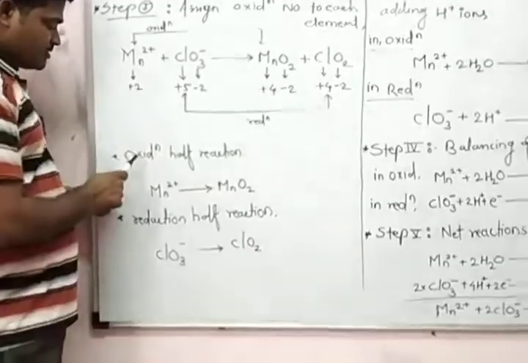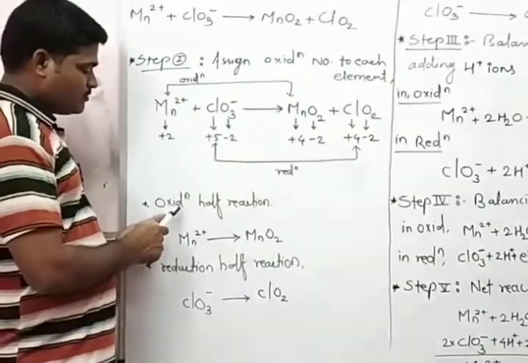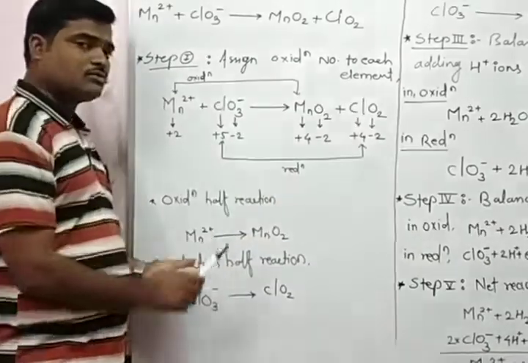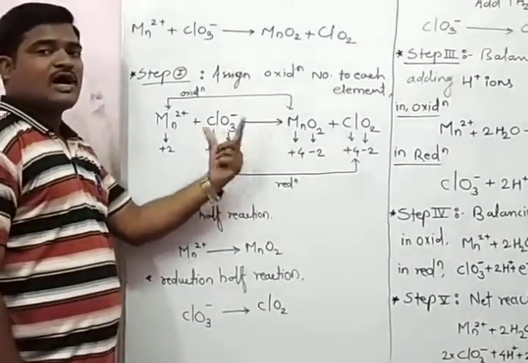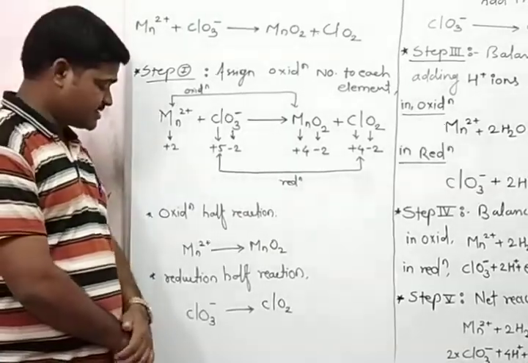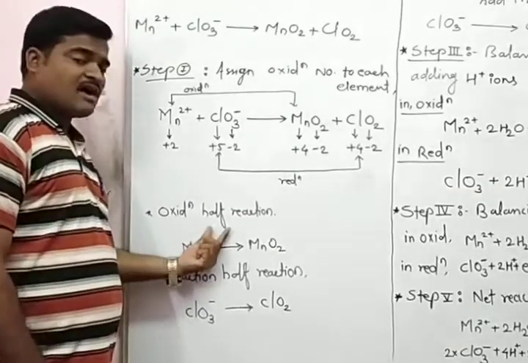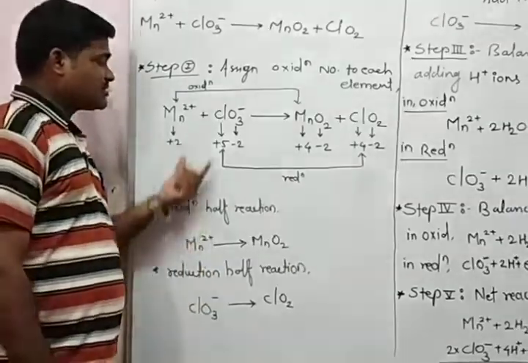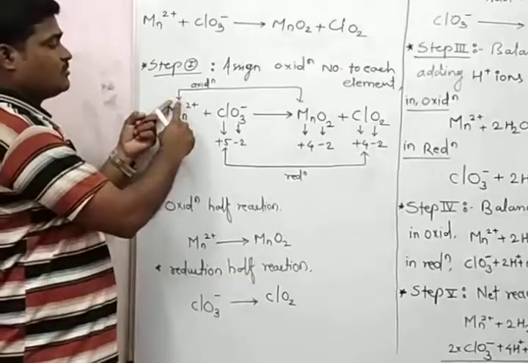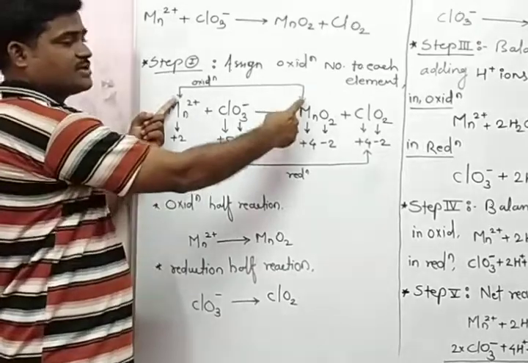Now, in step first only, you have to write the oxidation half reaction. In this case, both half reactions are present, means the oxidation half reaction and the reduction half reaction. The oxidation half reaction I have denoted with the help of these arrows.